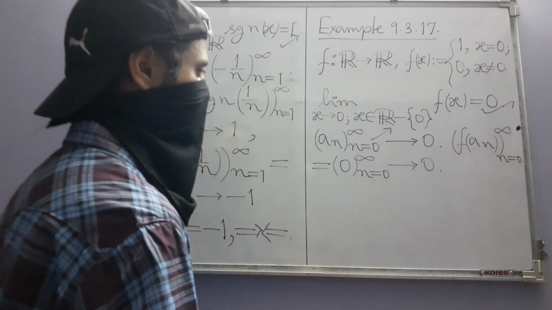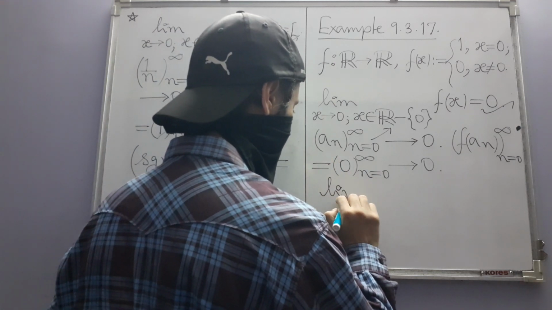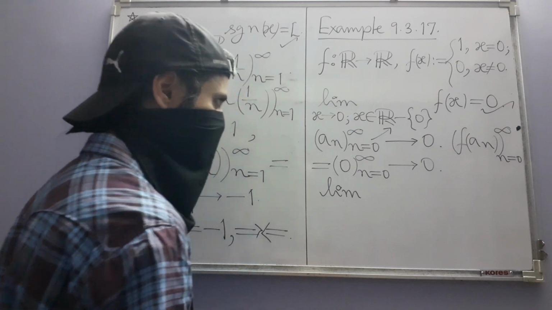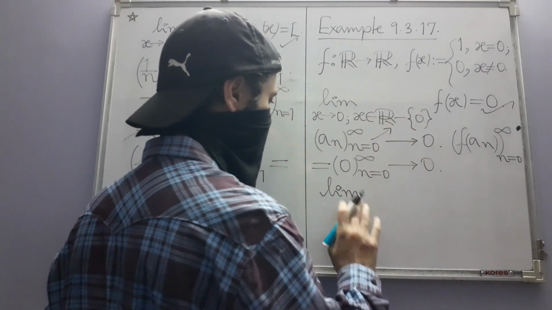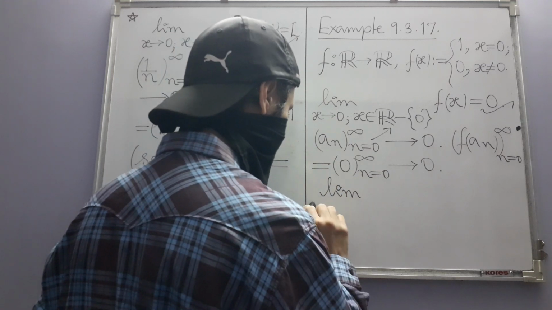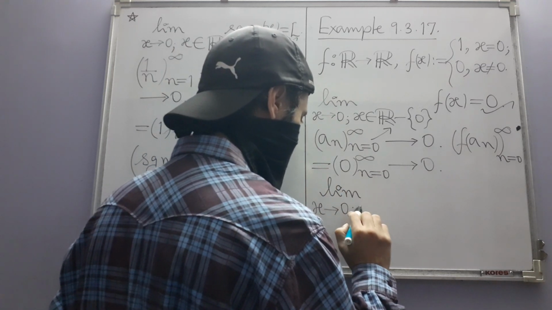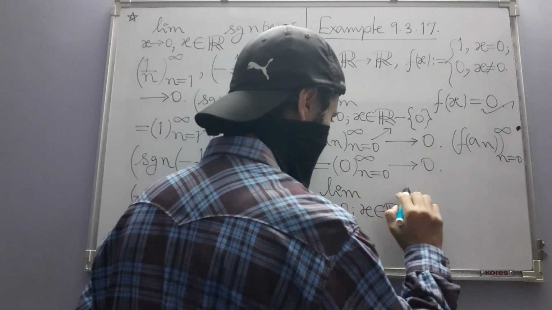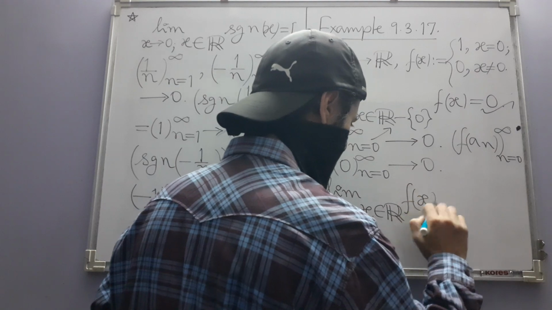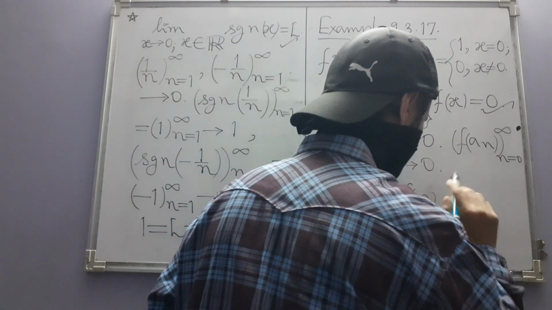Fine. But now comes the other limit, which you can probably guess which one we are going to take. Instead of this, we are going to take R. This is undefined or does not exist.